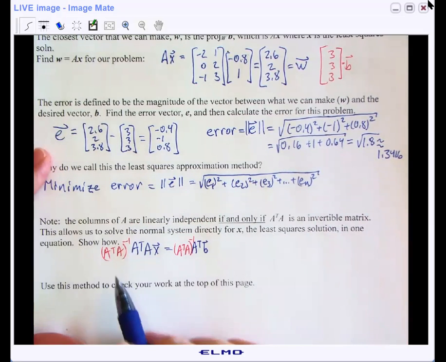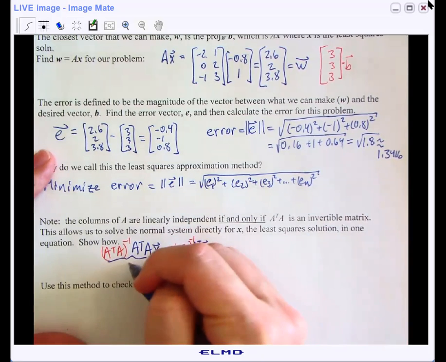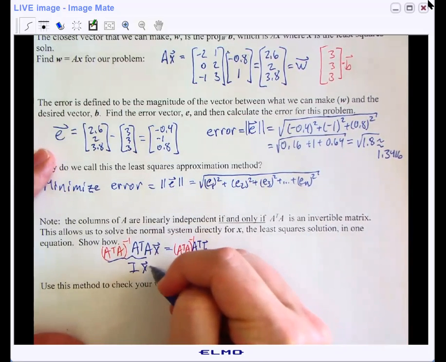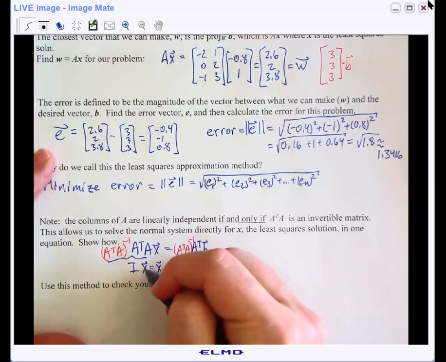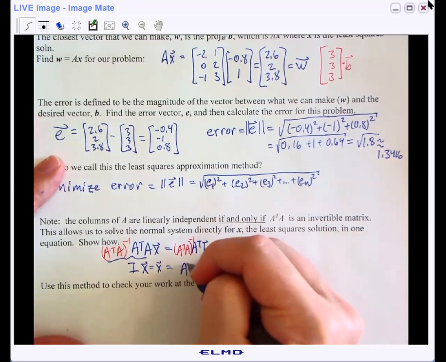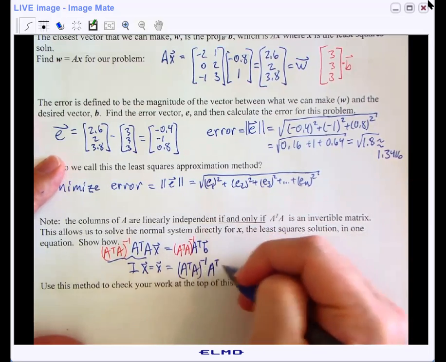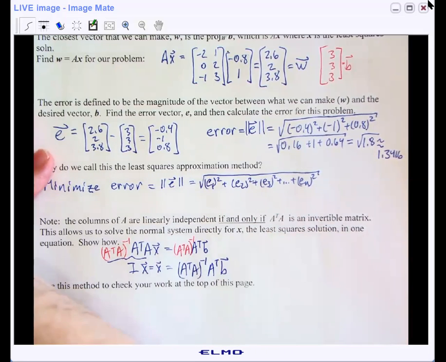And since this is A transpose A and A transpose A inverse, that will give me the identity times the X matrix, which of course is just the X vector. So the X vector is A transpose A quantity inverse times A transpose times B.